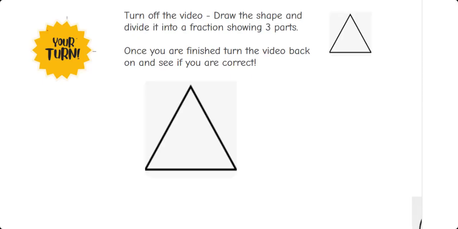Here's our last one. This one's a little trickier, and I want to see how well some of you understand this. We're going to draw the shape, and this time we're going to draw it showing a fraction of 3 equal parts. Turn off your video, draw it out, and come back. This one, like I was telling you, it's not like you can just go from side to side. It's got three sides, so you got to think of it more like a circle.